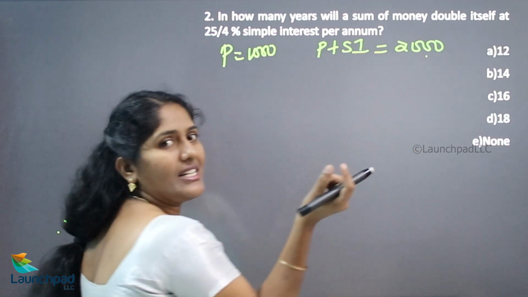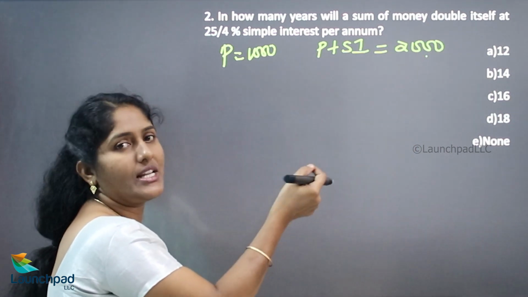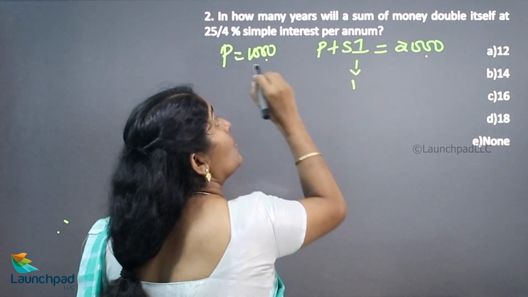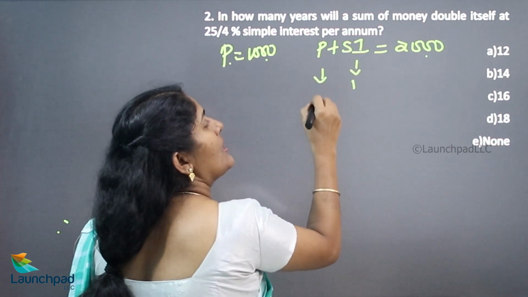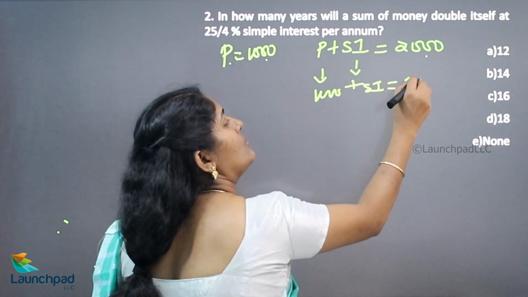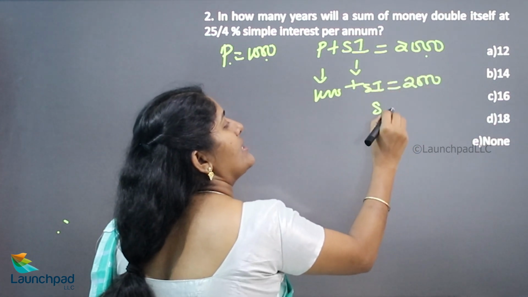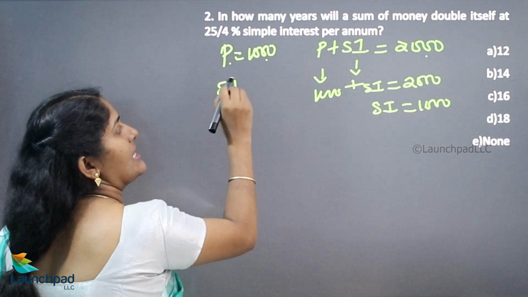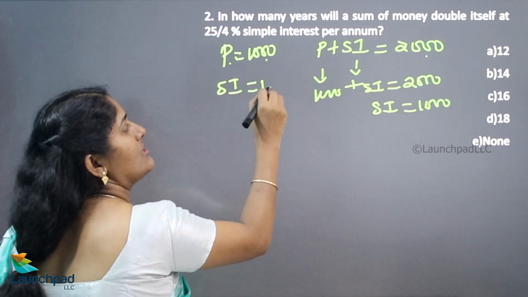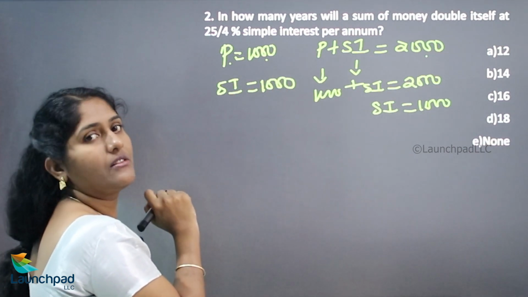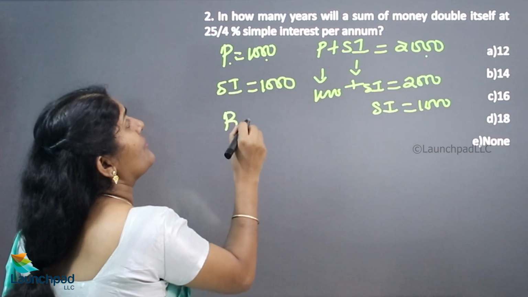What is your principal amount here? 1,000, plus SI, it will be 2,000. So, SI will be 1,000 rupees, because the sum of money doubles.